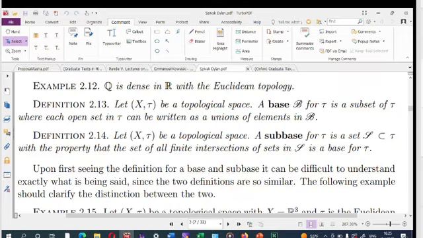Let X and tau be a topological space. A base such as beta for tau is a subset of tau where each open set in tau can be written as a union of elements in beta.